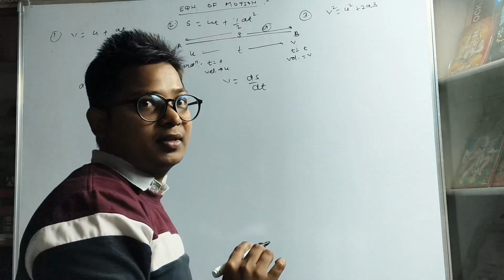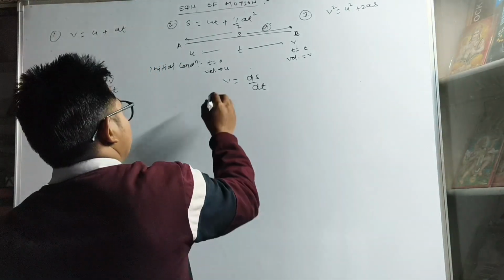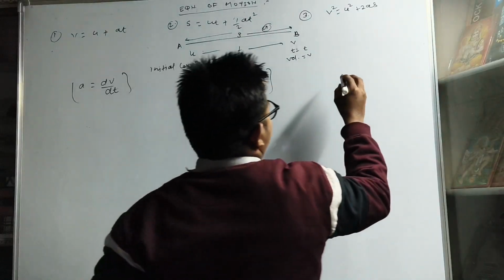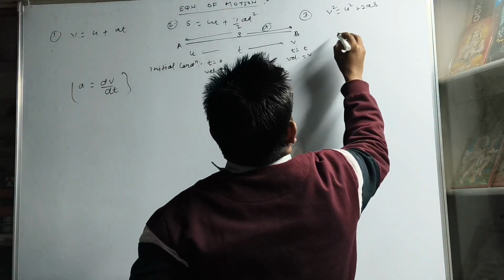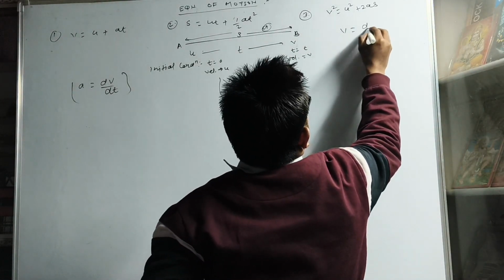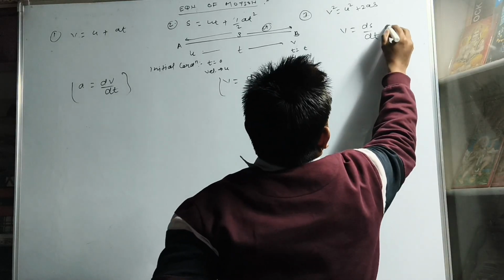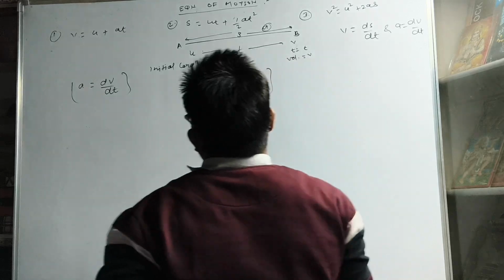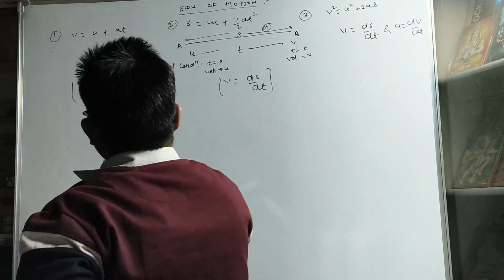In the third equation of motion these two basic formulae must be used. That means we can use v equals ds by dt and a equals dv by dt. For proving the first equation of motion we have to use this formula.